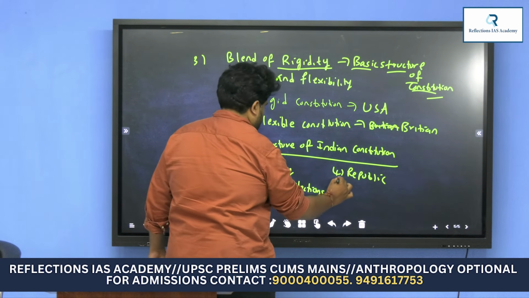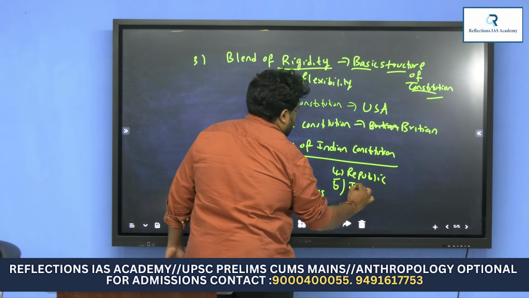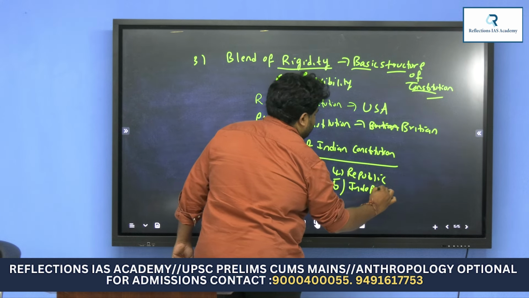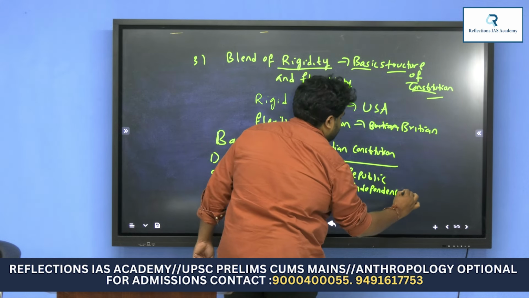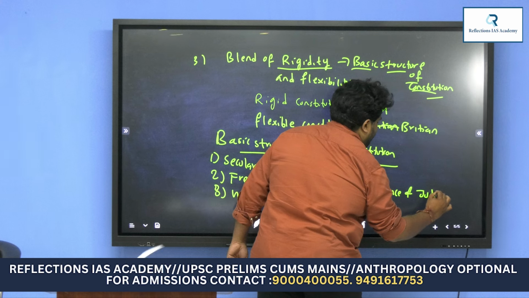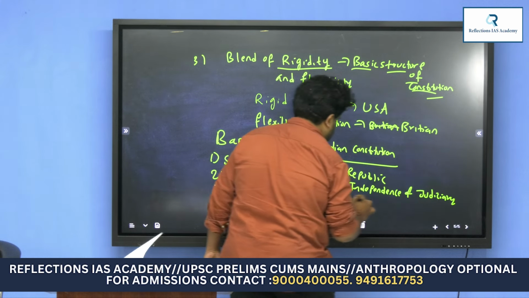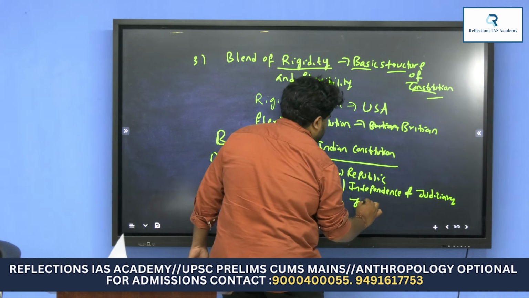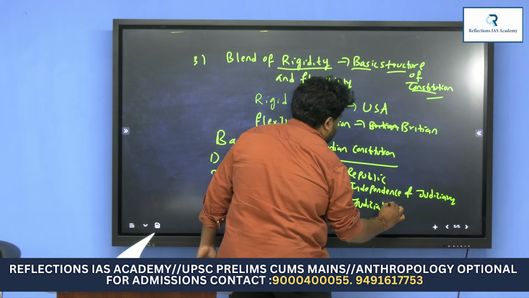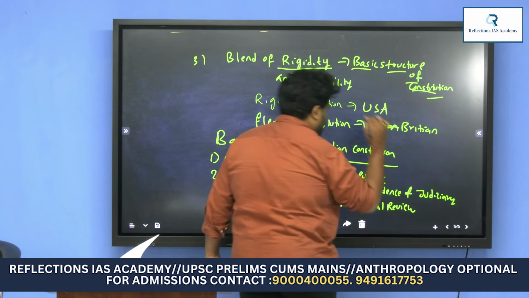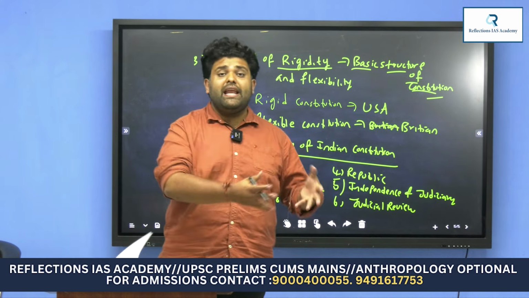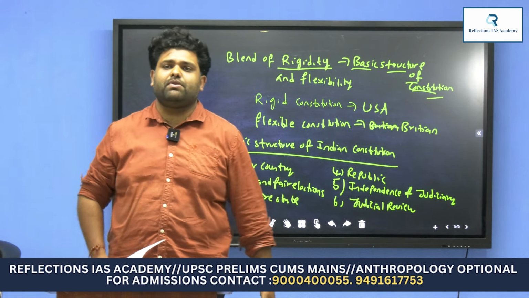Republic. Independence of judiciary. And you have judicial review. So if you see, many more are there. These are some basic examples.